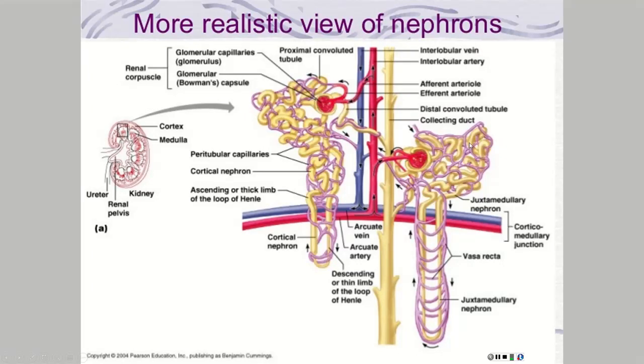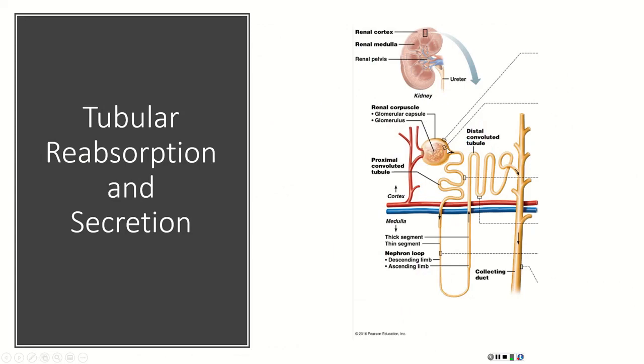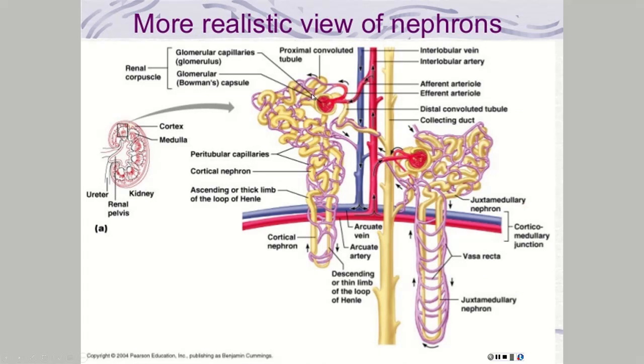If we are reabsorbing or secreting substances all along these tubules, remember, reabsorbing is taking something out of the filtrate in these tubules and putting it into the blood. Secretion is taking stuff from the blood and putting it into the filtrate in these tubules. So we want the blood to be very, very close by. And that's why this layout is important to know.